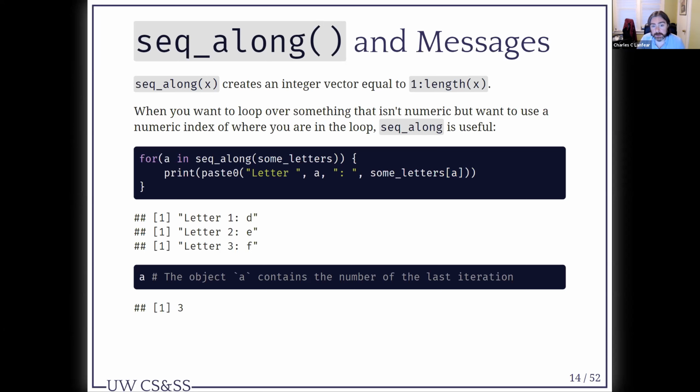So the first time this runs, a is going to be the number 1. So you can imagine we're going to say "letter 1: ", subset this down to the first element of some_letters. So a gets replaced with 1. That happens to be the letter D. So it prints out letter 1 is D, the second iteration, letter 2 is E, letter 3 is F. If I then run a at the end of all of this, a remains the number 3 because that was the last thing a was in the last iteration of this loop.